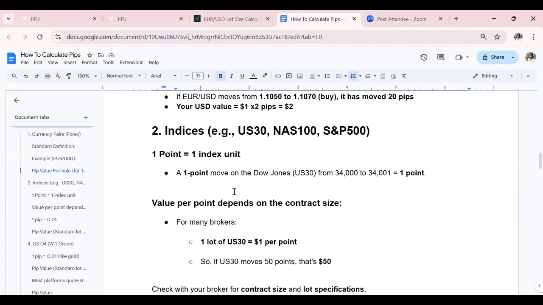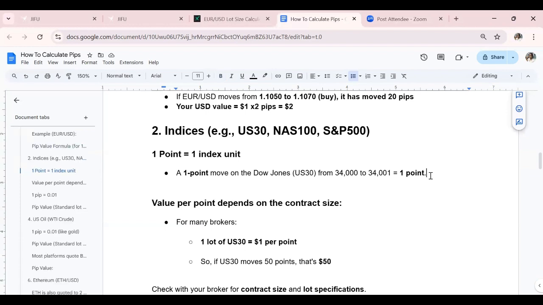For some brokers there might be a bit of variety. 1 point movement on Dow Jones comes in five digits. So if it moves from, let's say, 34,000 to 34,001, this is 1 point movement. Do you understand? Yes.